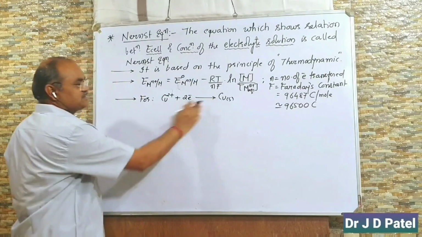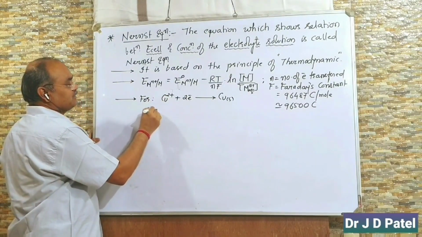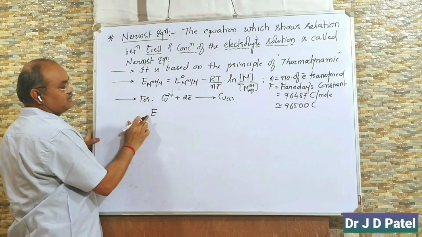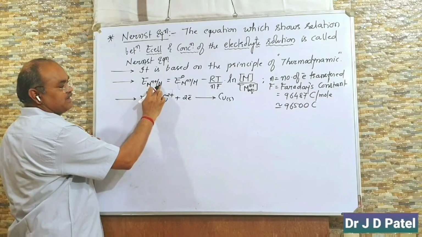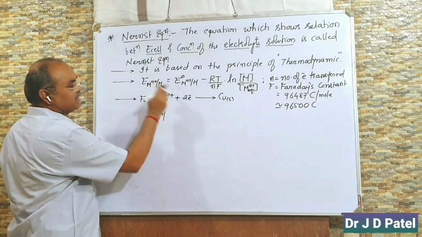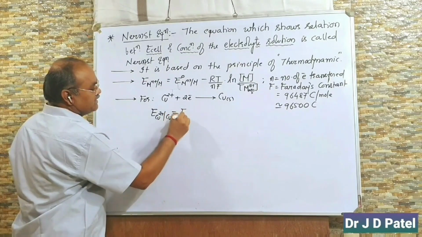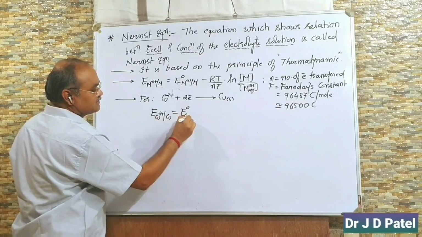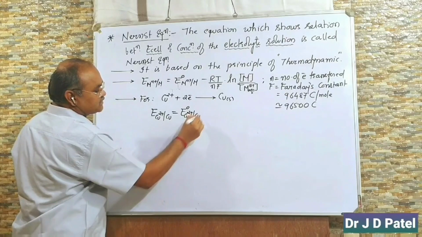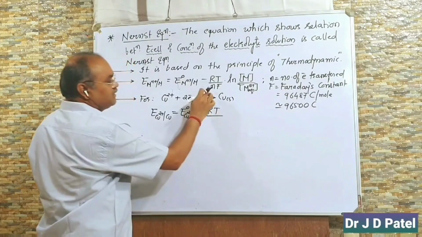Okay. Now for this equation, how to write the Nernst equation? I will tell you. E, look here, E for metal ion oblique metal. What is your metal ion? Cu2 plus. Oblique metal, metal is Cu. Equal to E0, the same thing you have to write, Cu2 plus oblique Cu, minus RT by nF. n is the number of electrons transferred. How many electrons are there? 2.